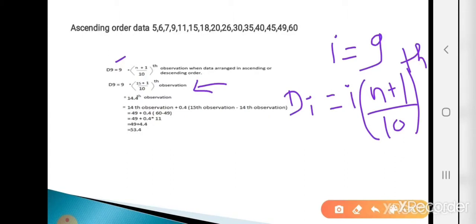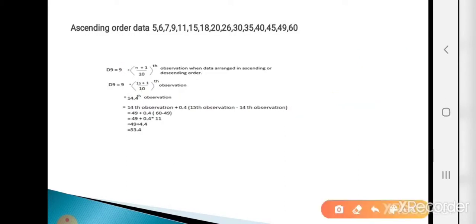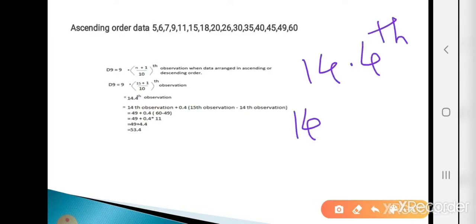So 9 into (15 plus 1) divided by 10th observation. 15 plus 1 is 16, 16 divided by 10 is 1.6. So 1.6 into 9 is the 14.4th observation. So how to find the 14.4th observation? This 14.4th observation is written as 14 plus 0.4.